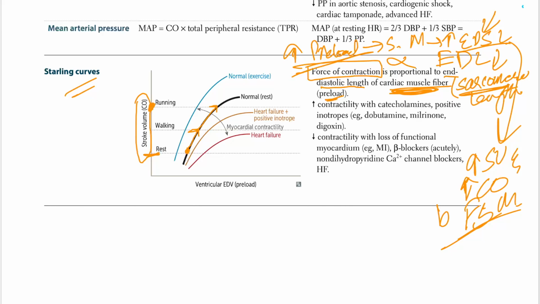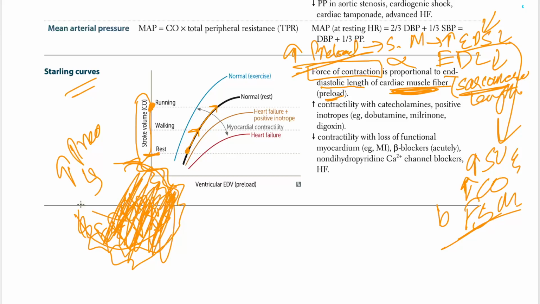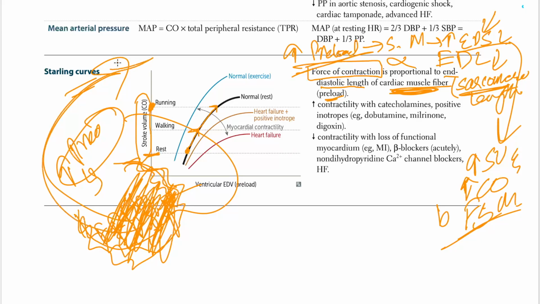And that is due to the fact that as soon as you increase the preload, you're going to increase the fiber length, the end diastolic fiber length or end diastolic sarcomere length of each cardiac muscle fiber, and the cardiac muscle would expand because you have increased the preload. So whatever comes here, it has to go out, right? Because you have increased the preload, which came here, now it has to go out, and that would increase the cardiac output and the stroke volume.